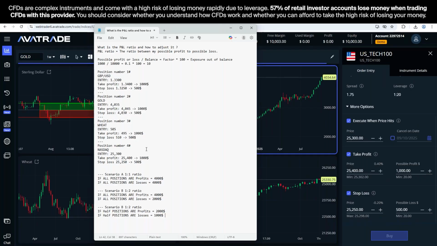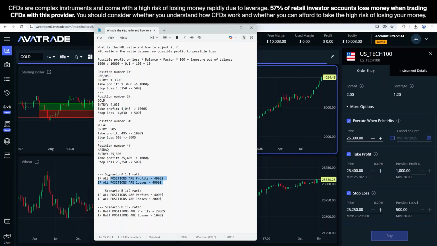So this is what happens. Now, if two positions here are losing together, that equals one position that I can make profits with. That's the idea here. And this is the idea behind having a ratio different from 1 to 1.